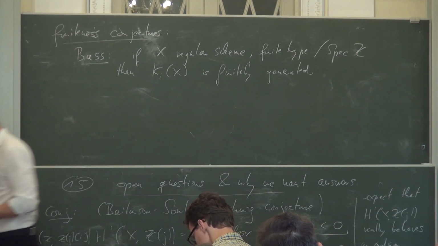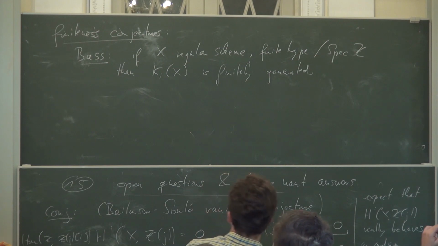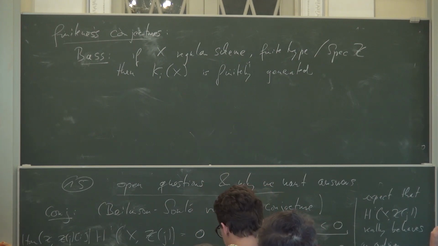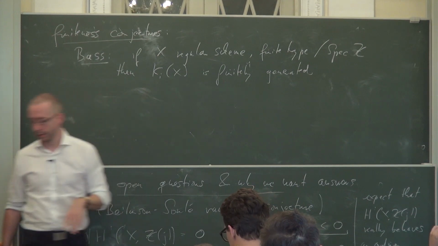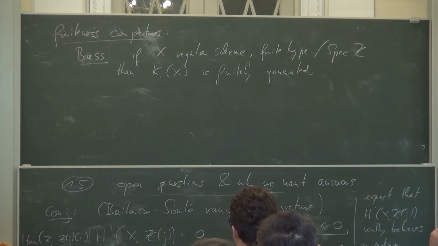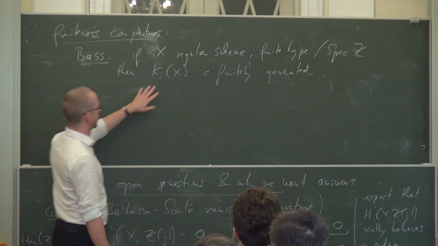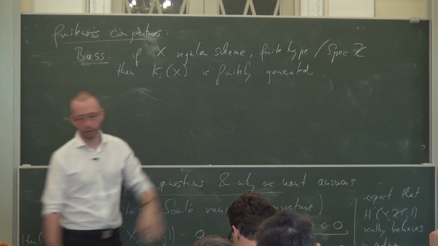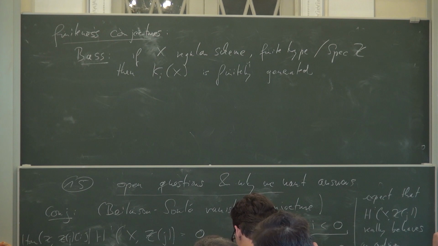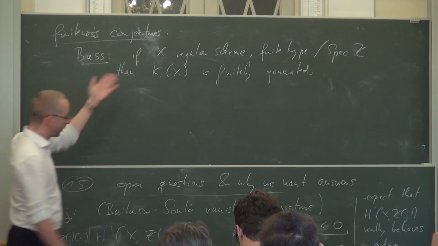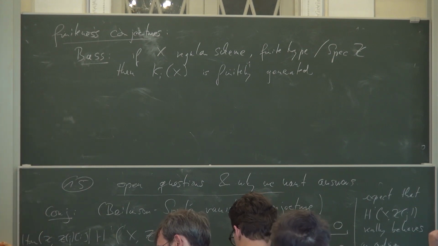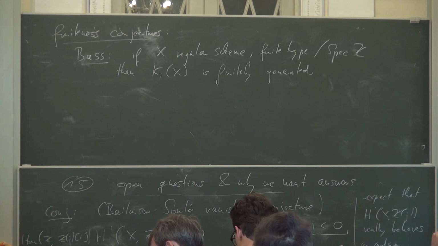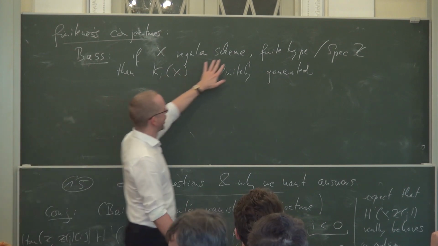Right, so that's a conjecture about K-groups, and historically, of course, you know that the K0 of a Dedekind ring, or a number ring, let's say, is essentially the class group plus the integers, and K1 is the group of units, and classical number theoretic results tell us that these things are finitely generated. And so this is a natural generalization, both to higher K-theory and more general schemes.